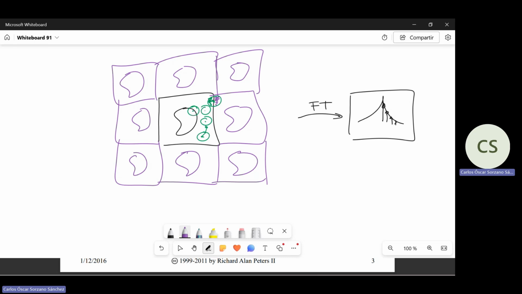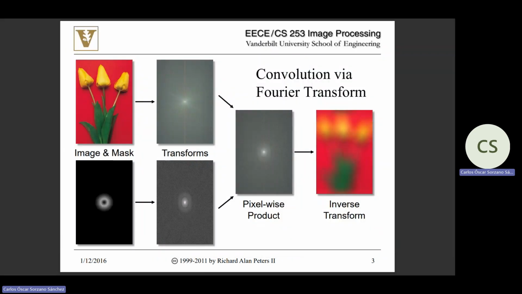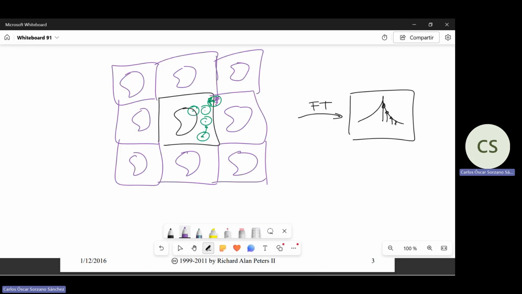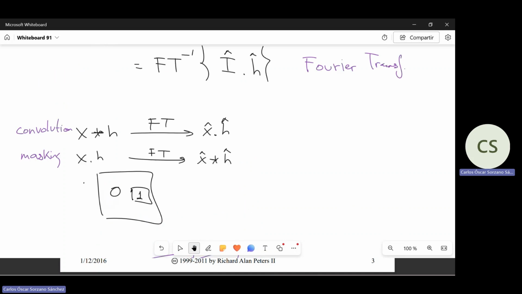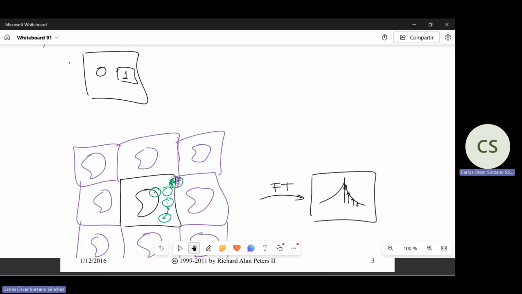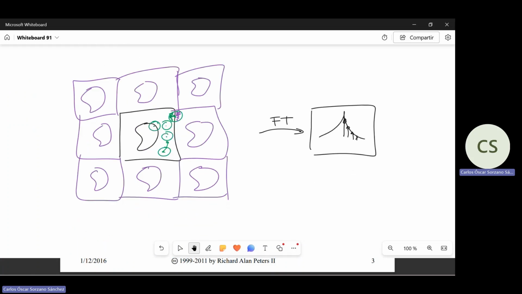This is a decision that we had to make when we computed the convolutions in real space. Outside the image, we were assuming it is 0, or there are some other assumptions. One of the assumptions is this one: it is periodic, and it is the one that the Fourier transform convolution is doing.